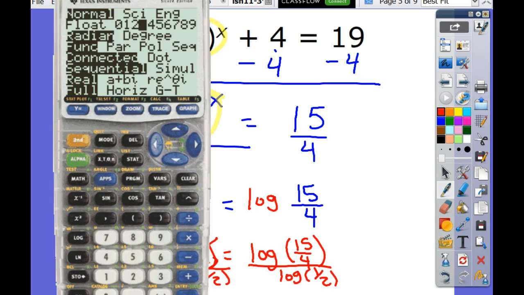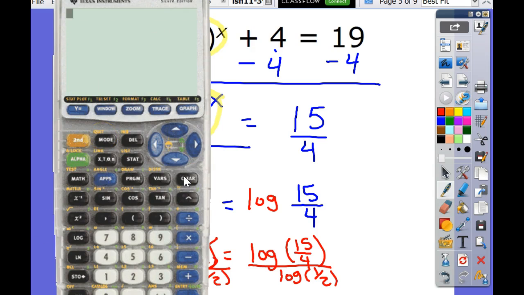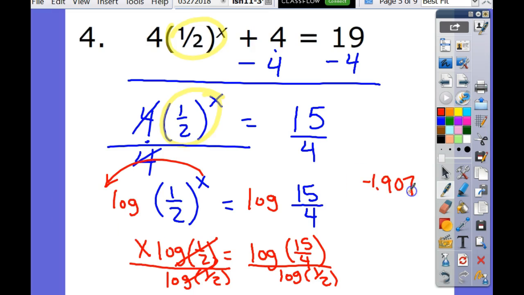Cancel, cancel. And so how do you put that in the calculator? The answer is negative 1.907. X equals, you got that much?